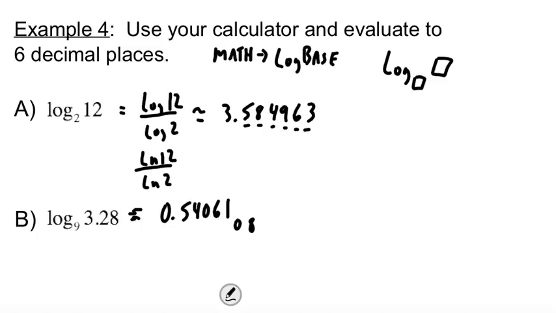That 8 is going to round that 0 up to a 1. 5 or larger, we're going to round it up. So it becomes 54061, because that 8 rounded it up. That's 6 places after the decimal point: 1, 2, 3, 4, 5, 6.